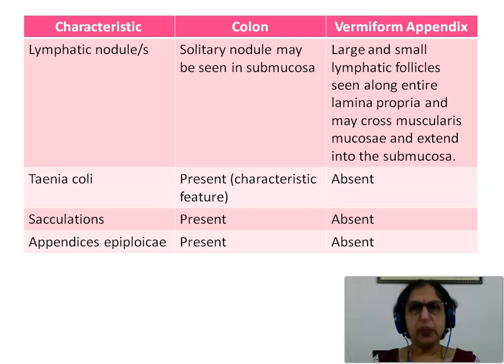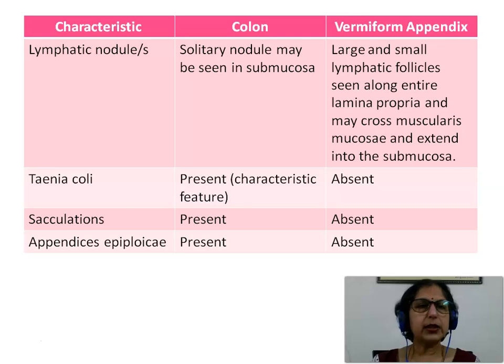Whereas in vermiform appendix we see large and small lymphatic follicles which are seen all along the lamina propria, all along the circumference of the wall of the appendix, and it may cross the muscularis mucosae and extend also into the submucosa. So a complete circle of lymphatic follicles in the lamina propria is a characteristic feature of the vermiform appendix, while in colon it may be just a solitary nodule which is seen in the submucosa.